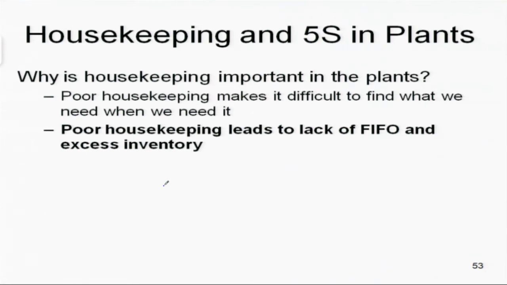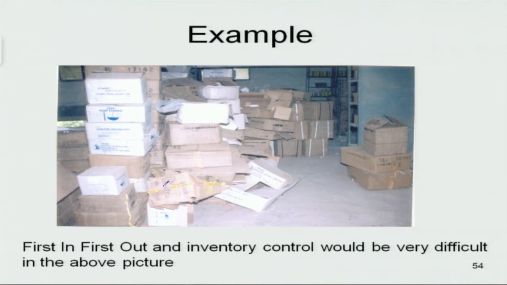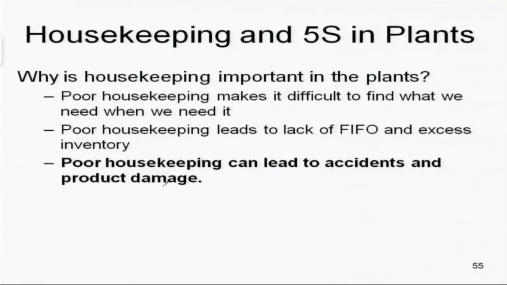So with the result that any new material that came in went out first, so there was no first in first out, and in most of these cases there was about 30% of slow moving on an average, 30% extra material which could easily be gotten rid of, and if you got rid of that, you would have created significant excess space. Now, this is just an example to suggest how do you implement first in first out when you have this kind of a storage.